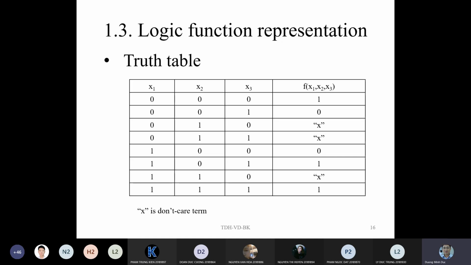What is a don't care term? A don't care term means that we don't care about the value of the function for this combination, this one, and this one. It means that it can be 0 or it can be 1. We don't care.